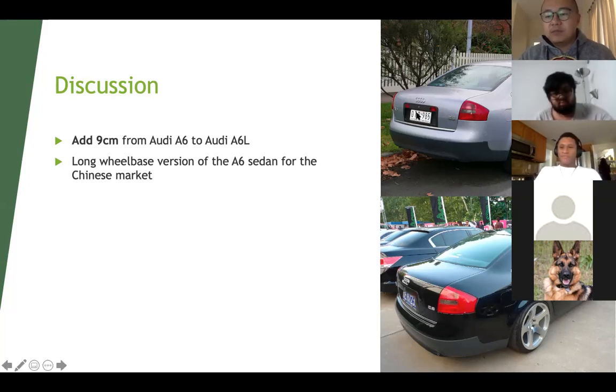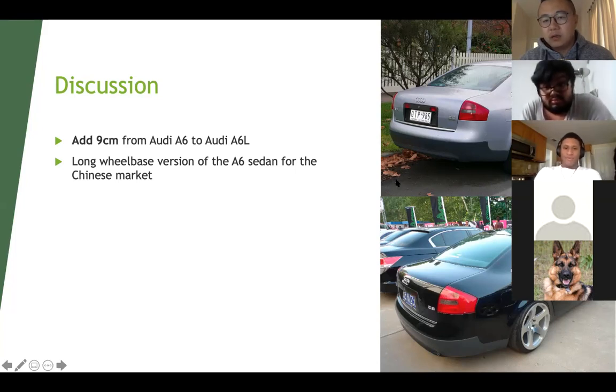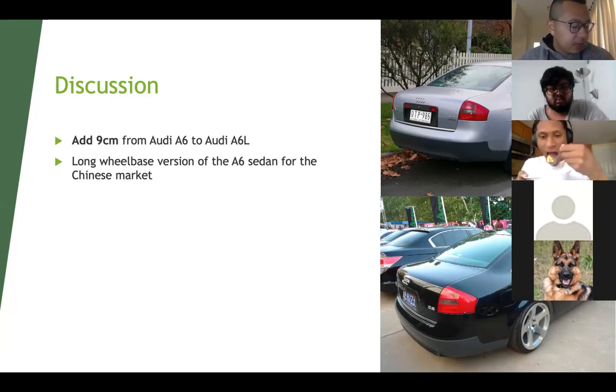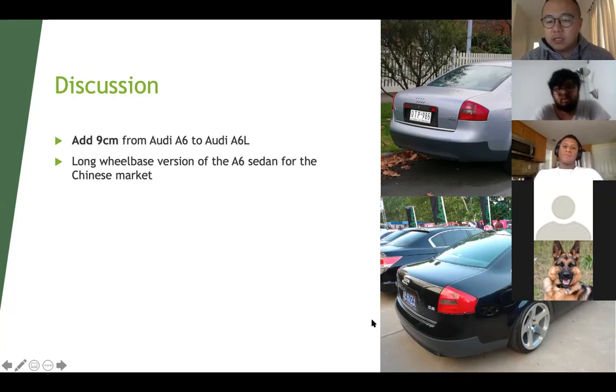So you can see the picture here. The upper one is the Audi A6 in the American market, and it is very similar, or I think the same, as the version in the UK market or German market or European market, and the downside one is the Chinese market version.